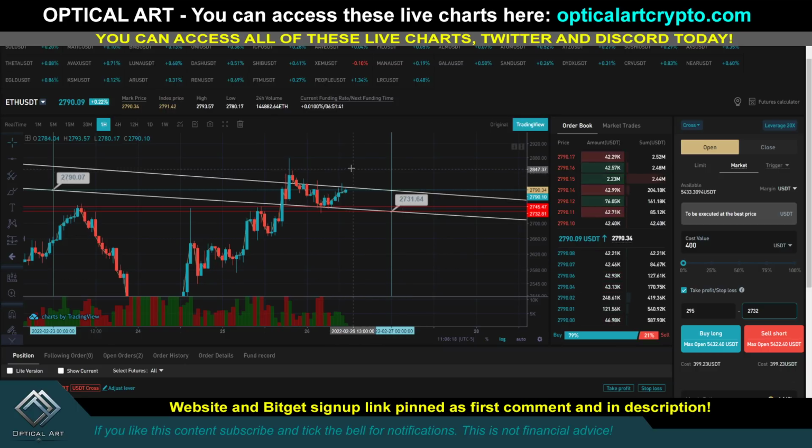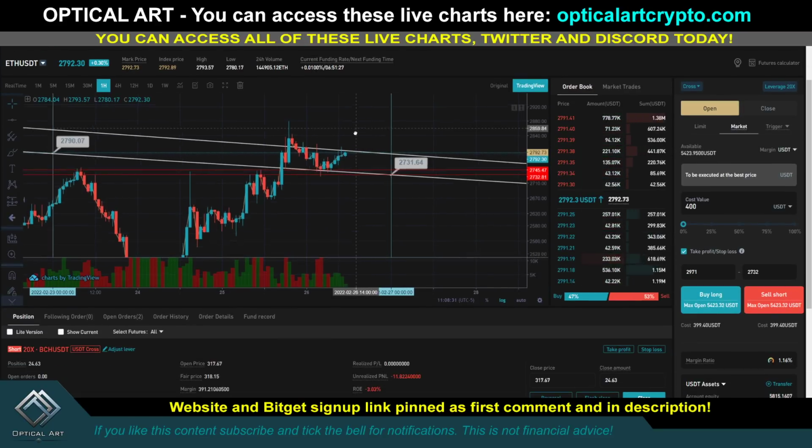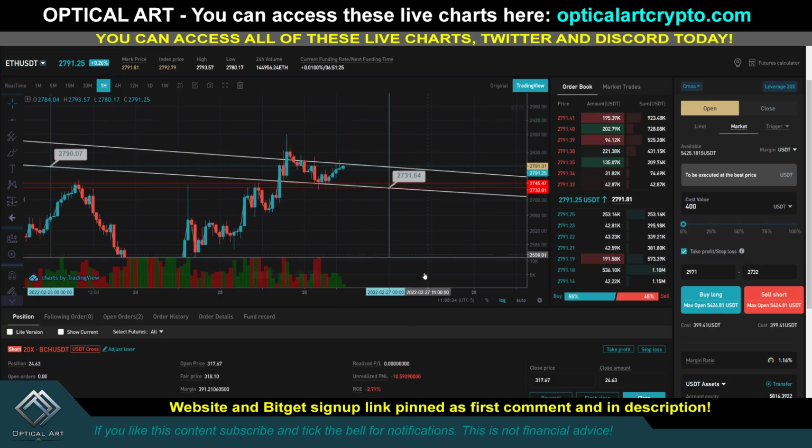And take profit, it depends. Your take profit would be up here at resistance, around $2,791. And then you would go buy long. I'm not going to go long because we're at resistance. I just want to show you how you would do it. Once you hit buy long, you enter your trade. Let me show you how to exit your trade.